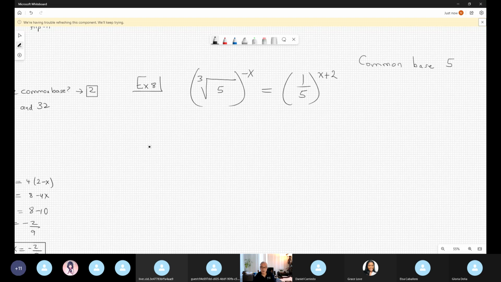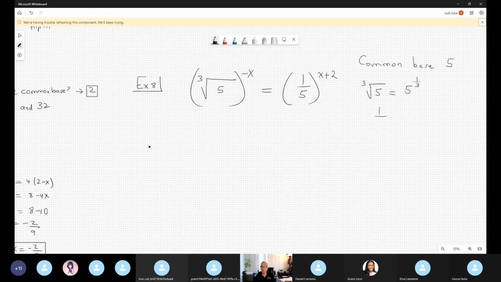In order to express everything in the equation using the base 5, a cubic root of 5 is equivalent to 5 raised to the 1/3. Yes or no? It's a conversion from radical form to fractional exponent, classical.